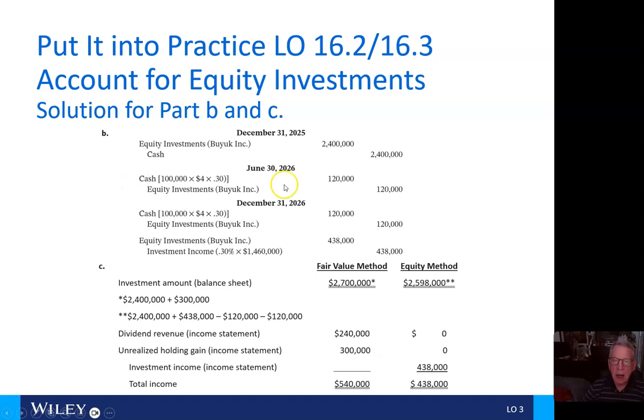And then on June 30th, we're going to have a debit to cash and a credit to equity investments of $120,000. Same thing that we did December 31st.